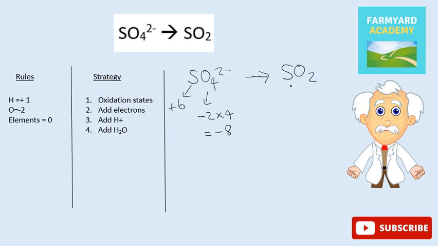Then we'll do the same on the right hand side with the sulfur dioxide, and as you can see, we've got 2 oxygens this time, so it's -2 multiplied by 2, which equals -4. Now there's no overall charge associated with the sulfur dioxide, so that must mean that the sulfur dioxide is 0, which means in order to get the -4 to 0, we must have a +4.